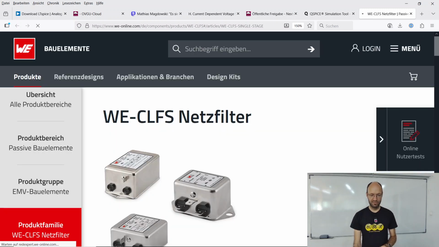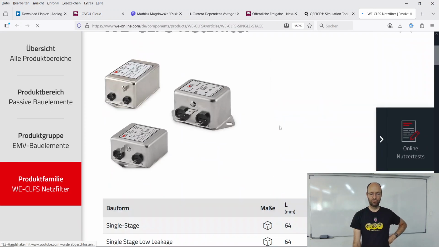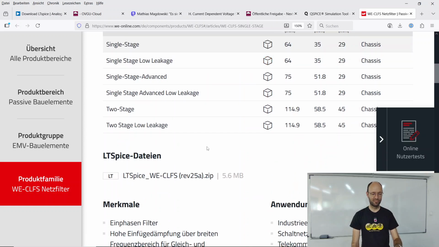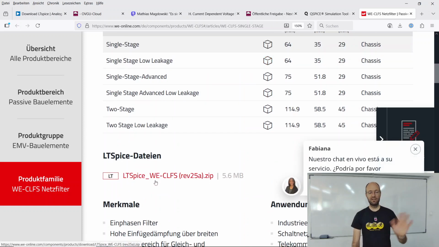So this is a filter, for example, where I show demonstrations. When I was in Angers, I was doing stuff with this filter. For this filter, and for many other Wirth Electronics components, you will also find LTspice models, and you can download and use them.